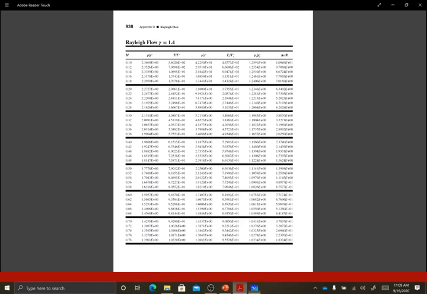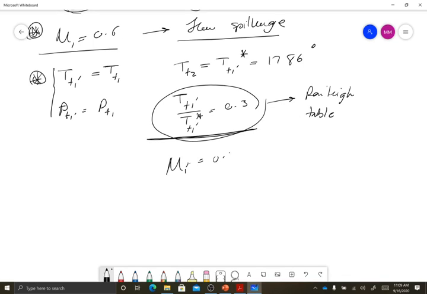Because my solution has a different value here. It's going to be between these two, right? So let's say 0.25. Okay. Using the same analysis from the exact same table, we can find the pressure ratios, P1 prime over P star.